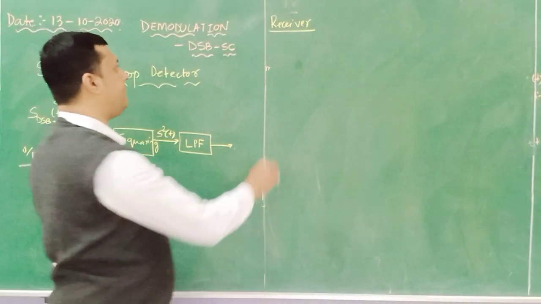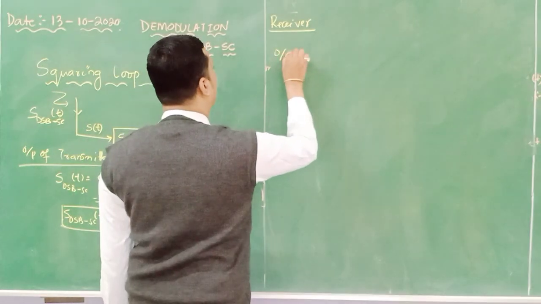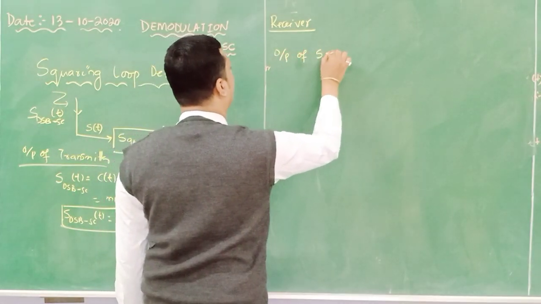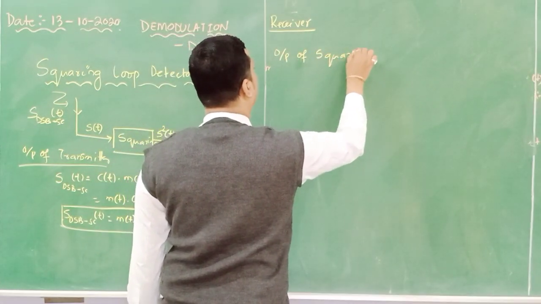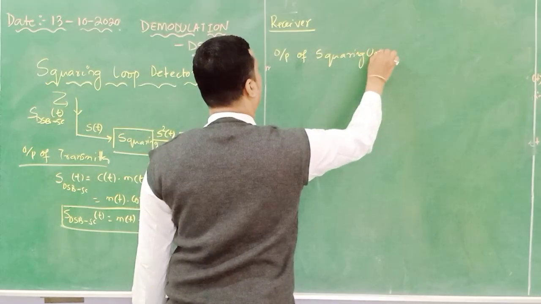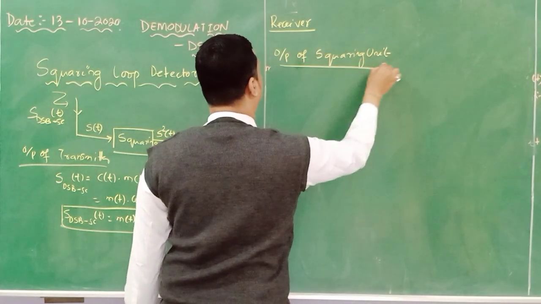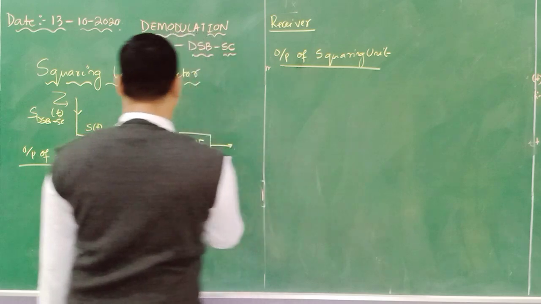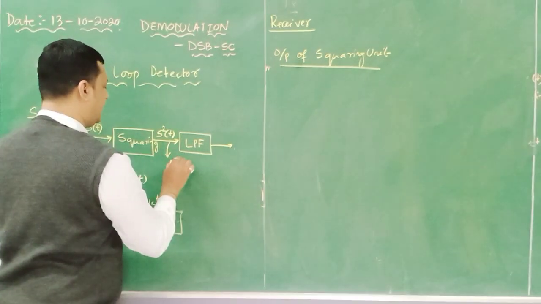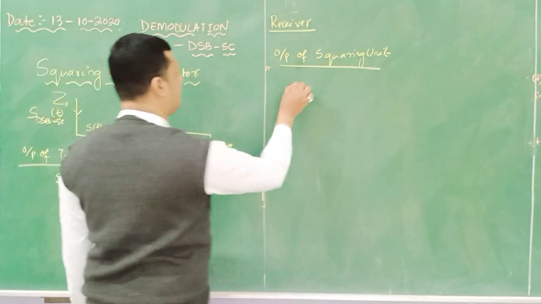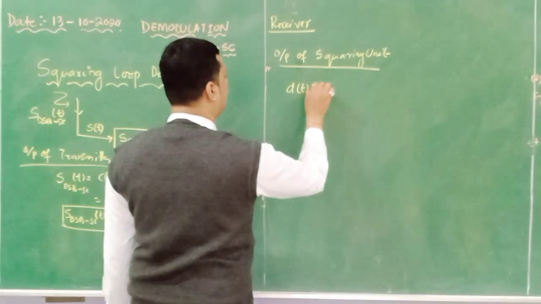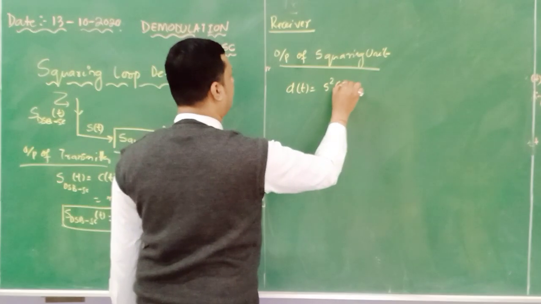Okay. So here I will write the output of the squaring unit. Let us consider this is d of t. So d of t is equal to S square of t.